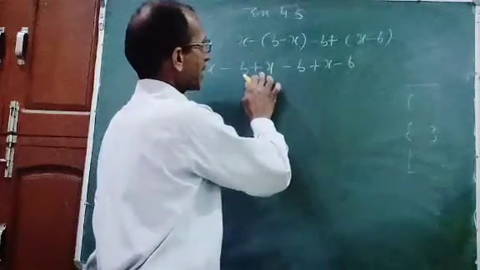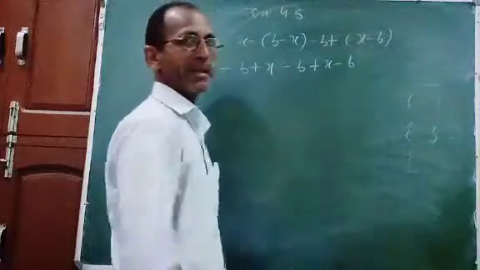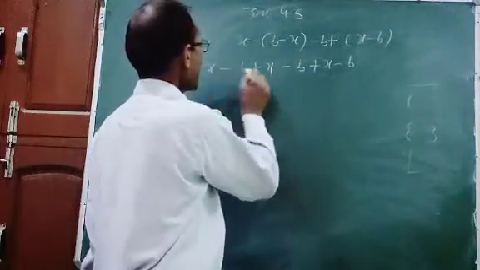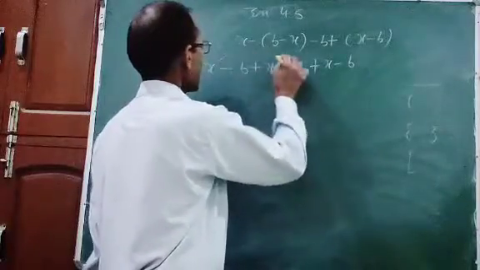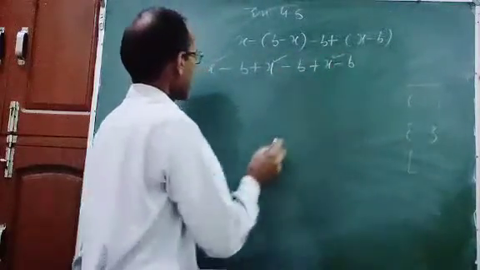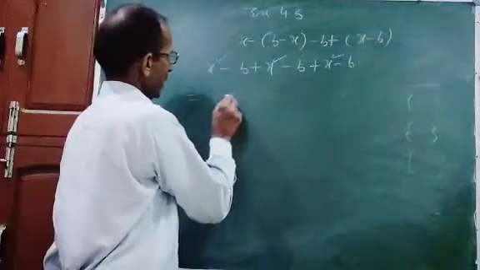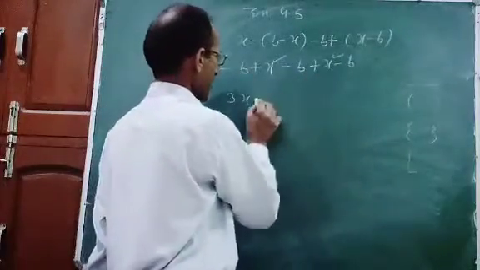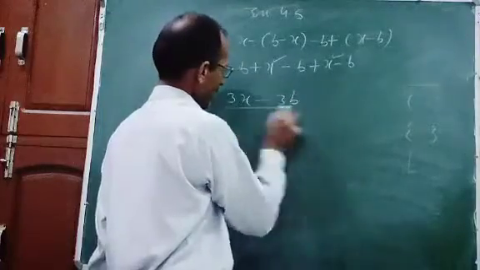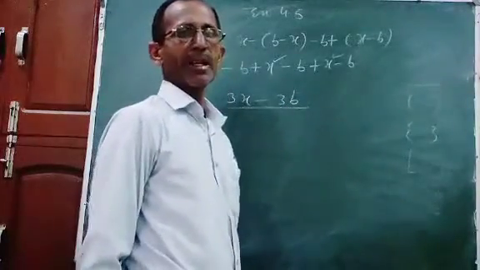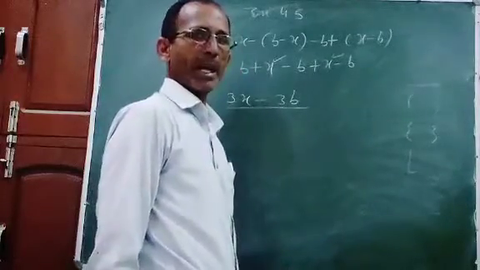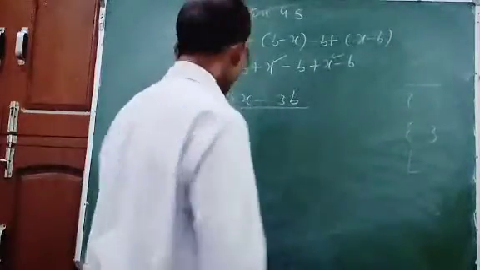So 1x, 2x, and 3x. So it will be 3x, minus b, minus b, minus b, minus 3b. So this is the solution. Any doubt, any confusion? Have you understood? Okay.